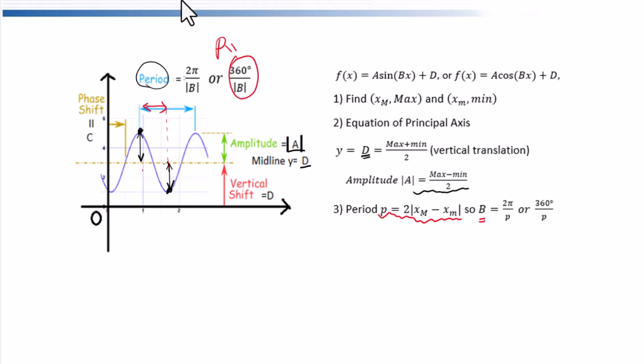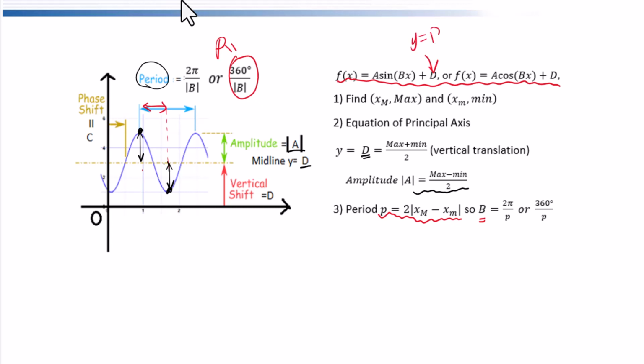In IB AISL level, no horizontal translation. So in this video, we only discuss f of x equals a sine bx plus d, or f of x equals a cosine bx plus d. We know this d is a vertical translation.